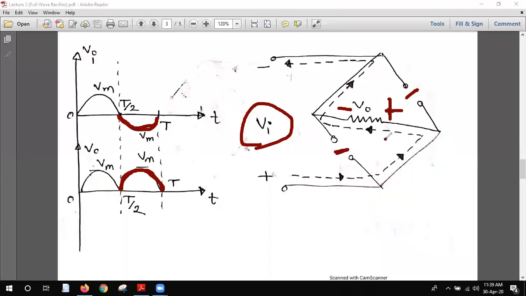In the negative cycle also, this is the plus sign and this one the negative sign. So the current flow is always in the same direction. That's why the voltage drop across the output is always on the same side, so in the negative cycle the voltage has turned into the positive cycle.